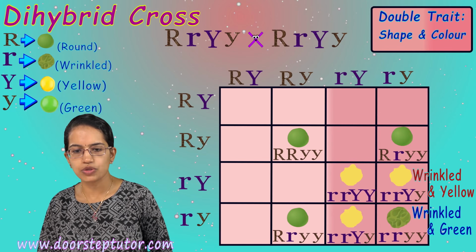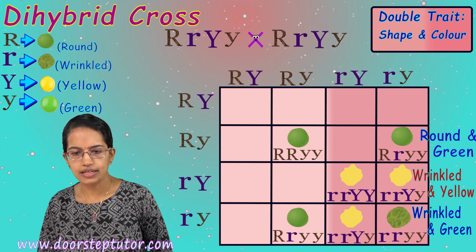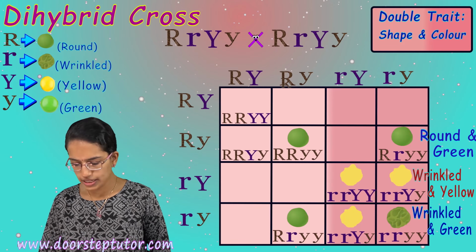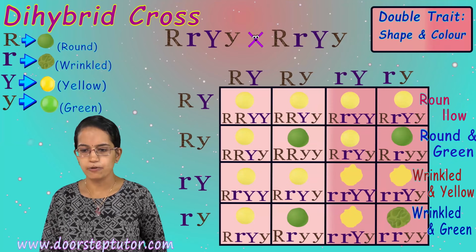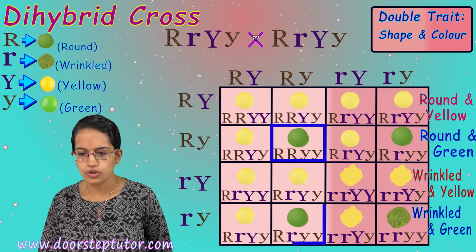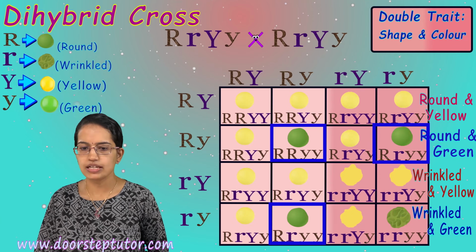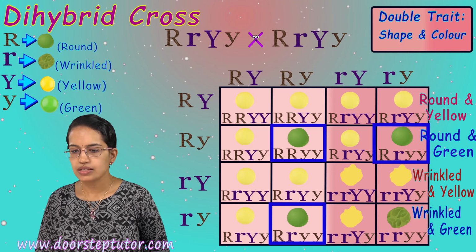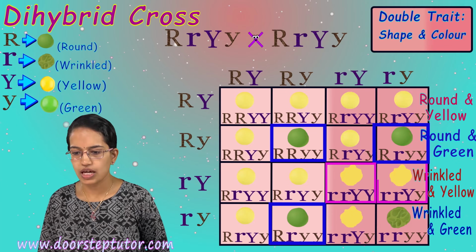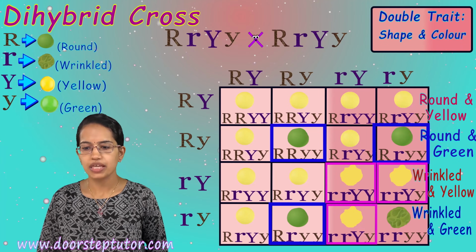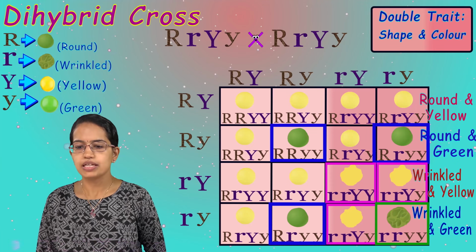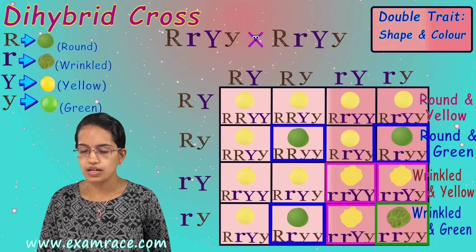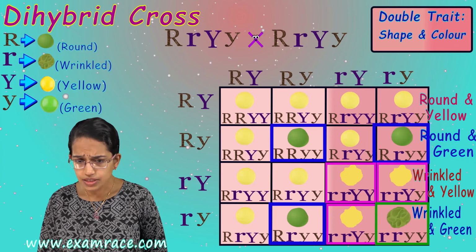So that means it would be round but green, and all other cases would be round and yellow. So 3 cases, 1, 2 and 3, are round and green, 3 cases which I mark as cross are wrinkled and yellow, and 1 case is wrinkled and green. The rest all are yellow and round.